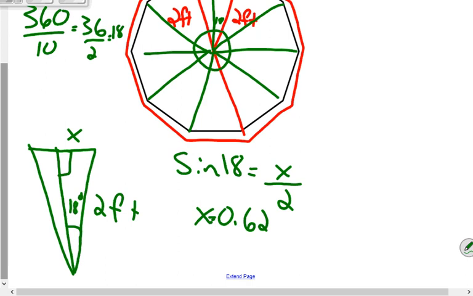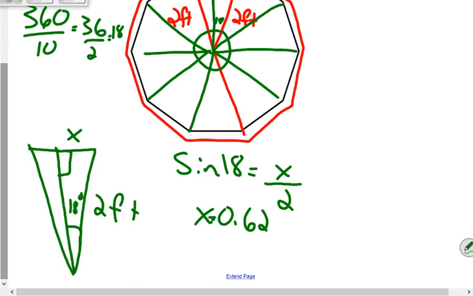I got 0.58. Me too. You're doing sine of 36, because you're going sine 18 times 2.